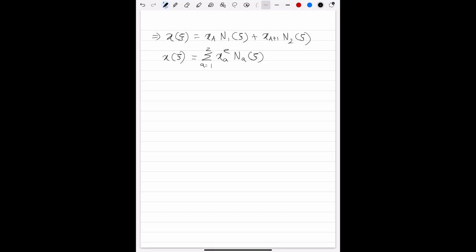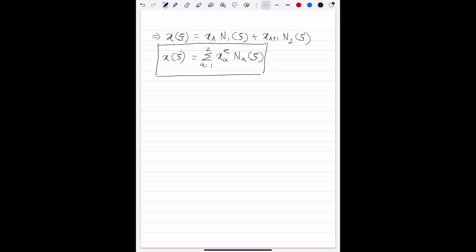So the way we get this is that we know xa is denoted by x1e and xa plus 1 is denoted by x2e from the local element perspective. So this right here is the relation or the mapping from the local coordinate psi to the global coordinate x.